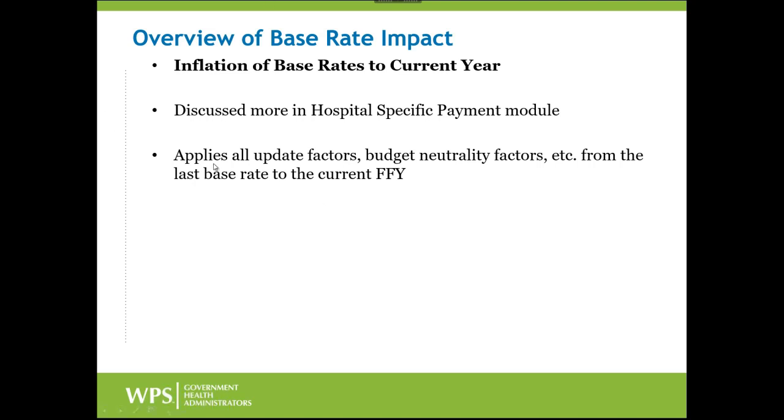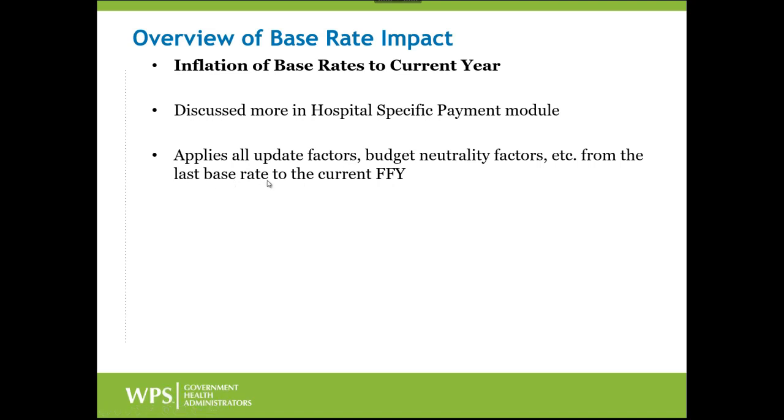Now, what happens here is we take that base rate and then we update it using all of the different update factors, budget neutrality factors, and a variety of other adjustments from the last base rate to the current federal fiscal year that we're dealing with. Now, I do want to clarify this point, this last base rate.